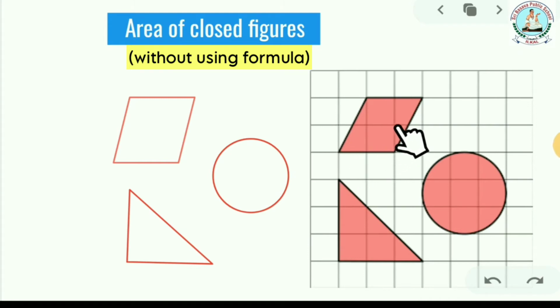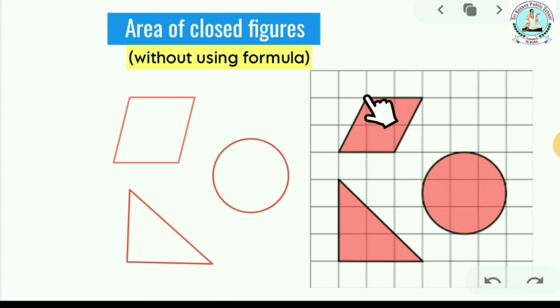But when you look at this square, it is not completely filled, and it is filled less than half. See here, this square, just look at the square I am showing you. This square is filled less than half, meaning very negligible. So such squares are ignored, such squares are neglected.